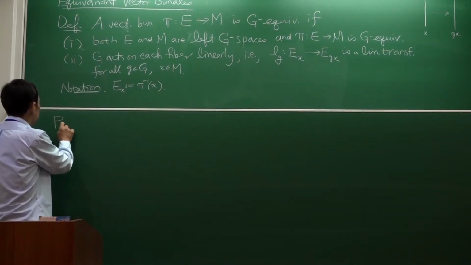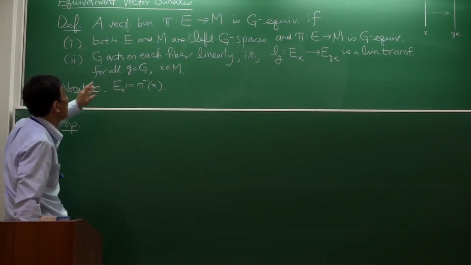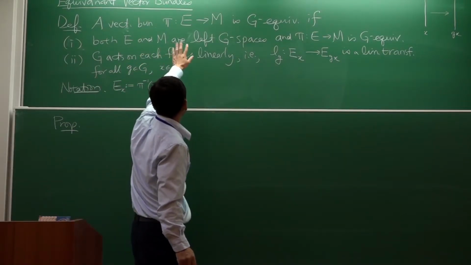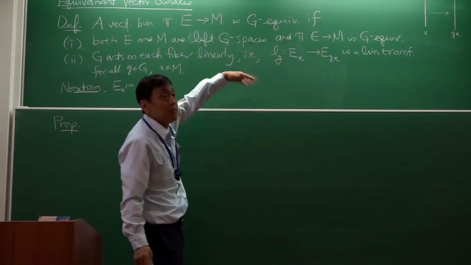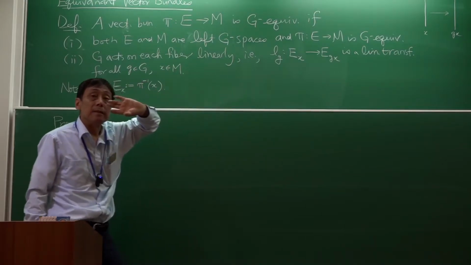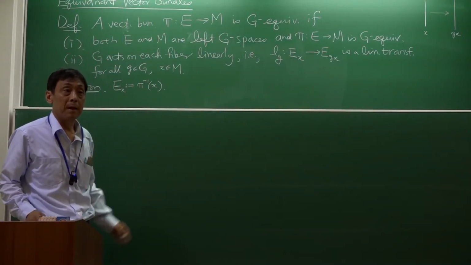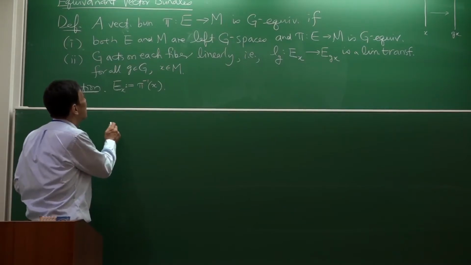Now, whenever you have a G equivariant map, that induces a map in the homotopy quotients.